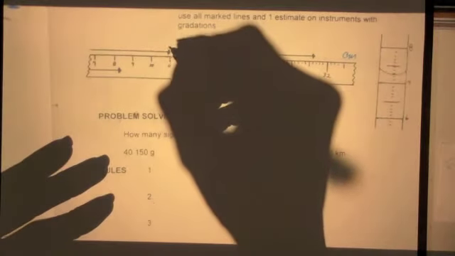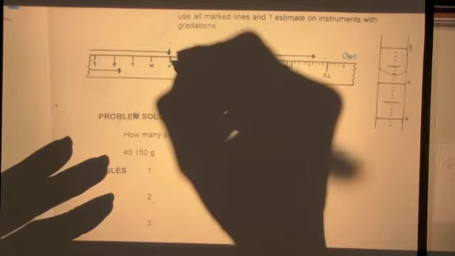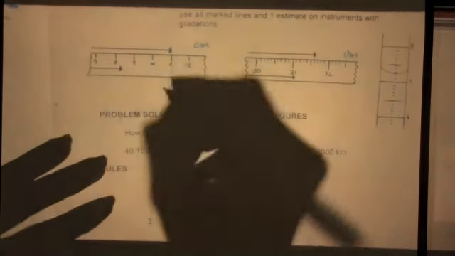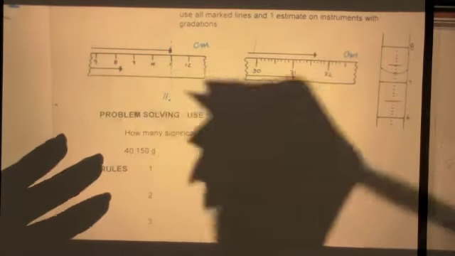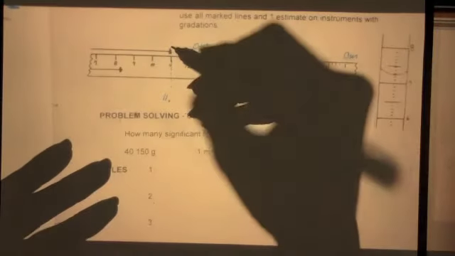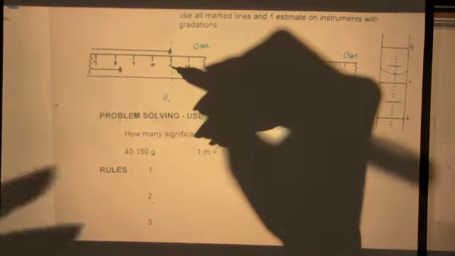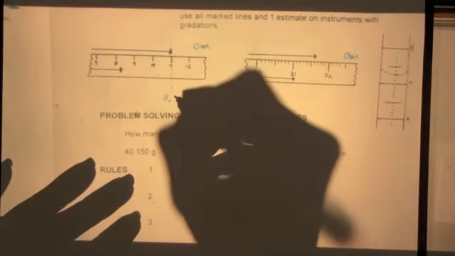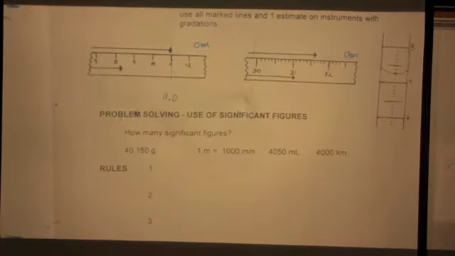For this one, if you were to draw a line straight down, what number do you know for sure? Well, the 11, that's right. And your estimated value is going to be, and this is where you can be plus or minus 1 or 2, I would probably say it's 11.0.